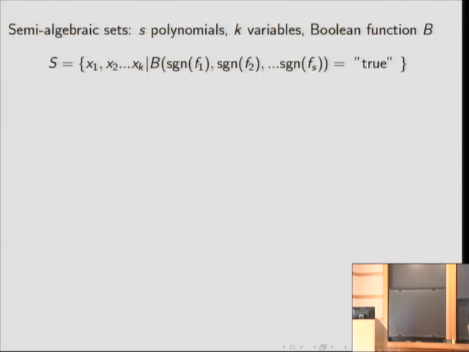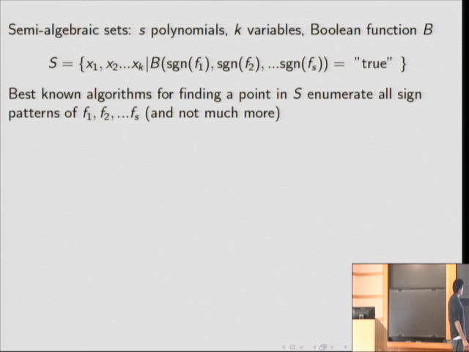And in fact, the allowable choices for x1 to xk will be constrained by some Boolean function on the sign pattern of the different polynomials. So we have some Boolean function which takes as input the signs of these different polynomials evaluated on the choice of x1 to xk. And we'll only have the choices of x1 to xk that evaluate for this Boolean function to true.